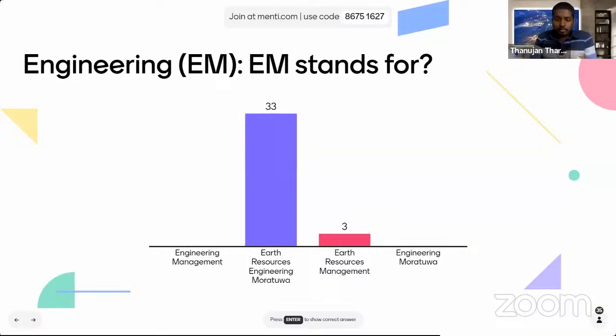Like TM is also for Textile Engineering Moratorium, and MPR denotes Moratuwa, Peradeniya, and Ruhuna, because earlier we had only three engineering faculties, so that's how that name formed. Nowadays we have more faculties in other universities as well, but we still call it MPR.